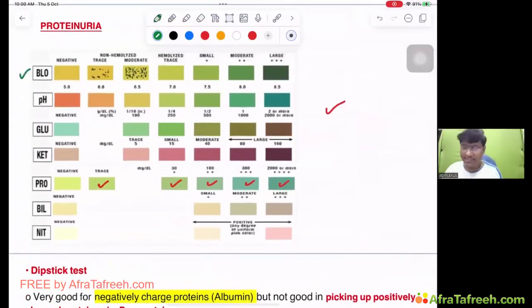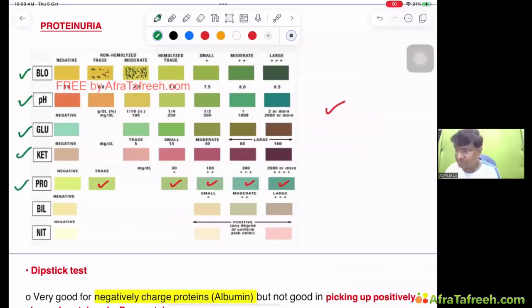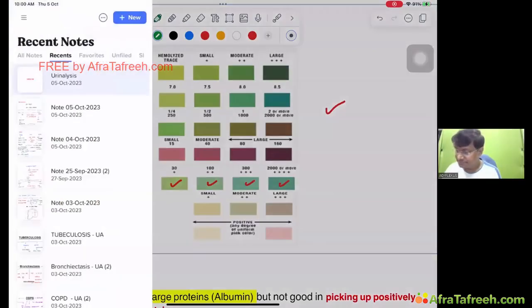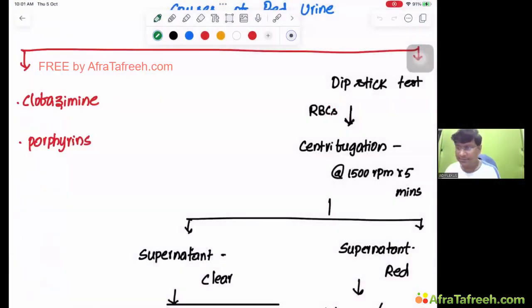The dipstick tests are able to analyze the blood, pH, glucose, ketones, proteins, bilirubin, nitrates. All these things the dipstick tests are able to analyze in recent days. Okay, is that clear, Jacob?